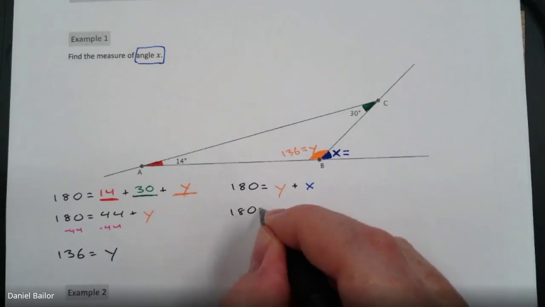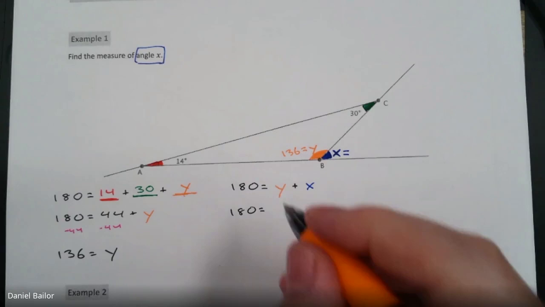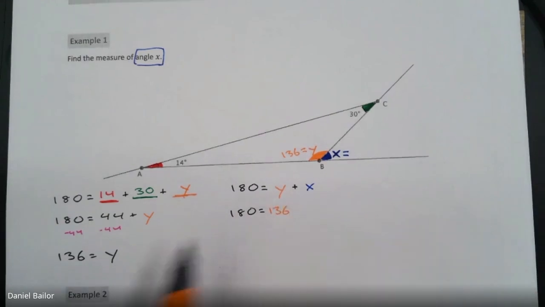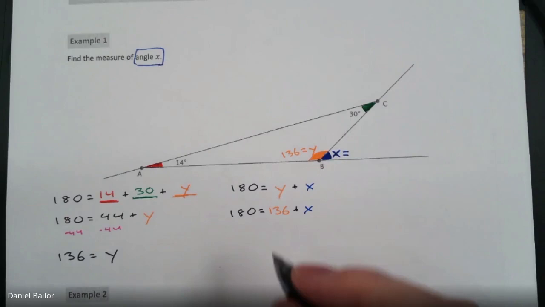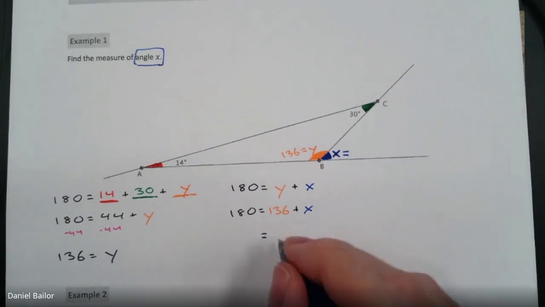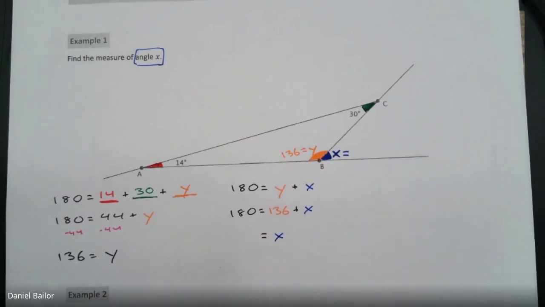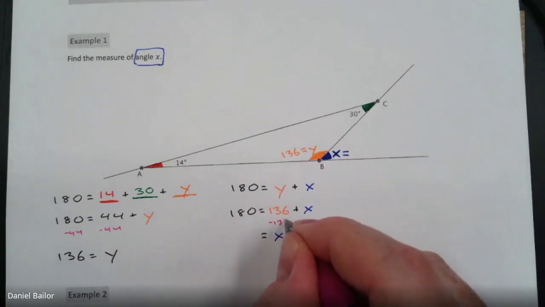So it's going to be 180 equals 136 that I found over here plus x. And so to find x, again, I move the number over. I need to do minus 136 to both sides.